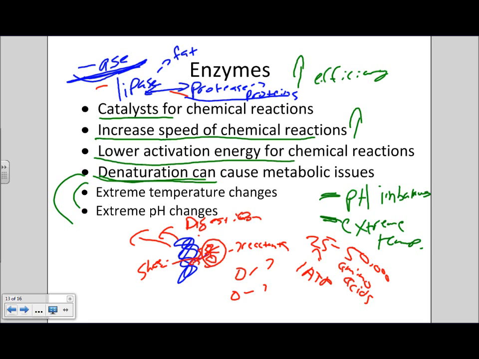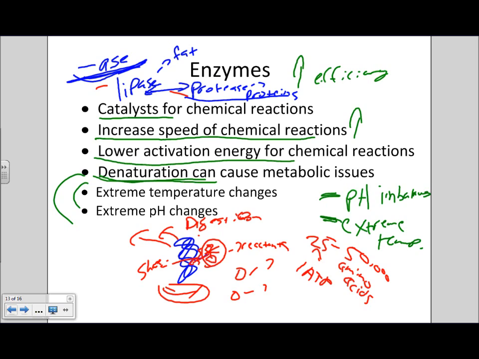So that's a lot of energy just to make one big protein. That's why it's nice to be able to reuse these over and over again, so we don't waste energy.